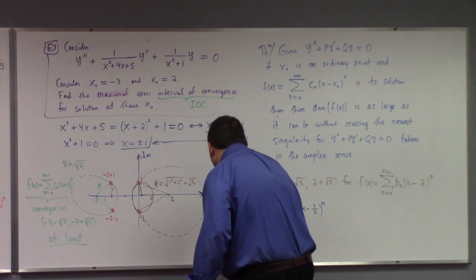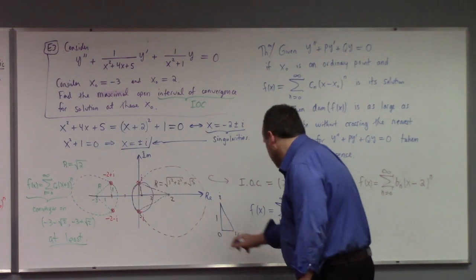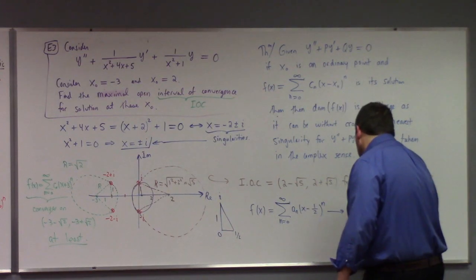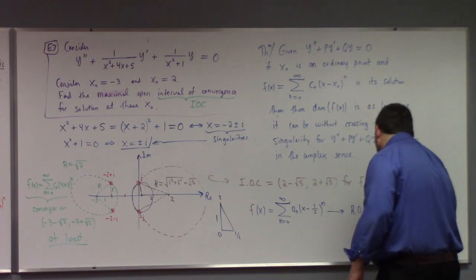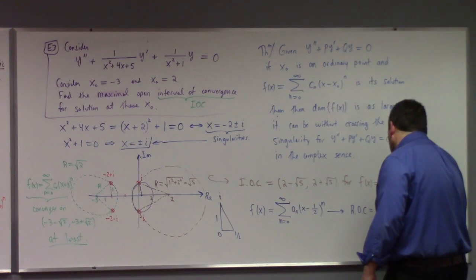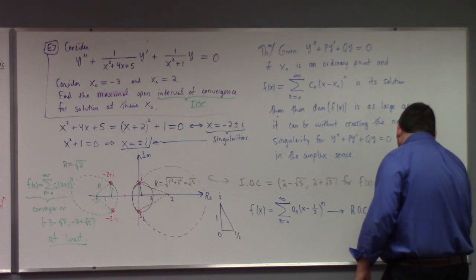The origin's here, and i is obviously the closest singularity, for instance. So what's the radius of convergence for this one? 5/4, yes, 1 plus 1/4, 5/4, very good. It's like square root of 5 over 2 if you like.